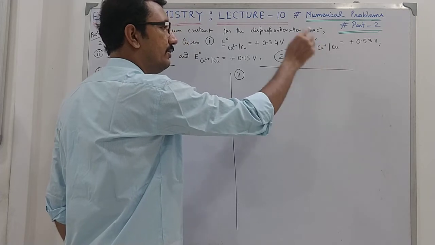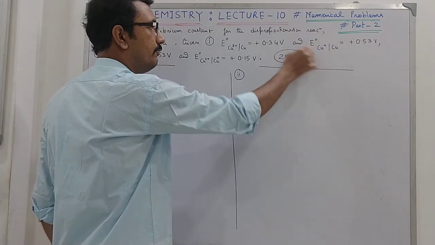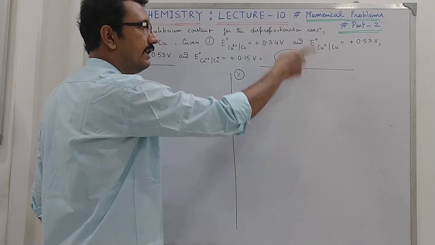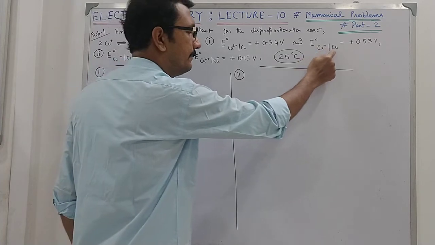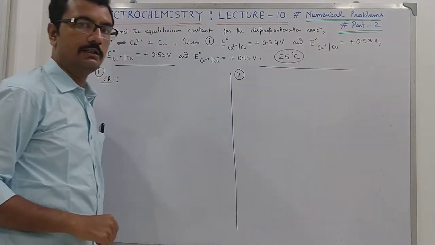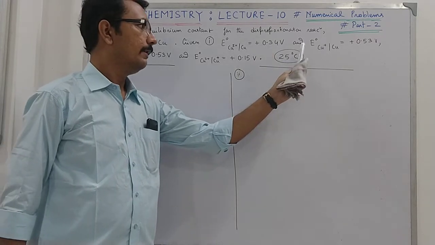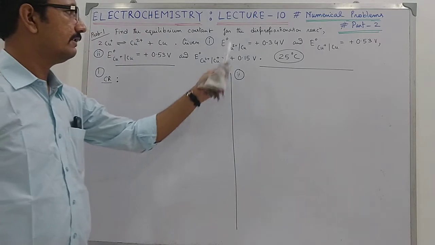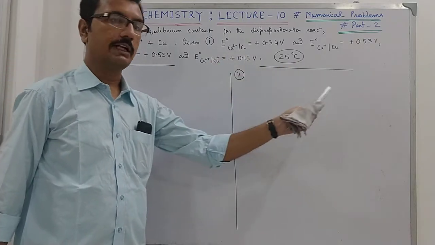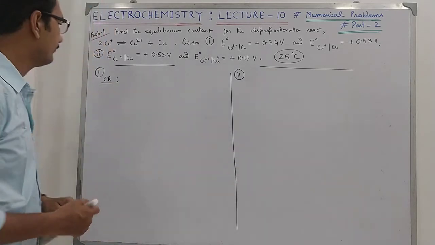So the tendency of getting reduced is greater. So when I connect these two half cells both internally with the salt bridge and externally with the conducting wire, then this electrode will suffer reduction, and at this electrode oxidation will occur. So if we use the reduction format, then we must subtract the anode reaction from the cathode reaction to get the positive value of standard EMF.